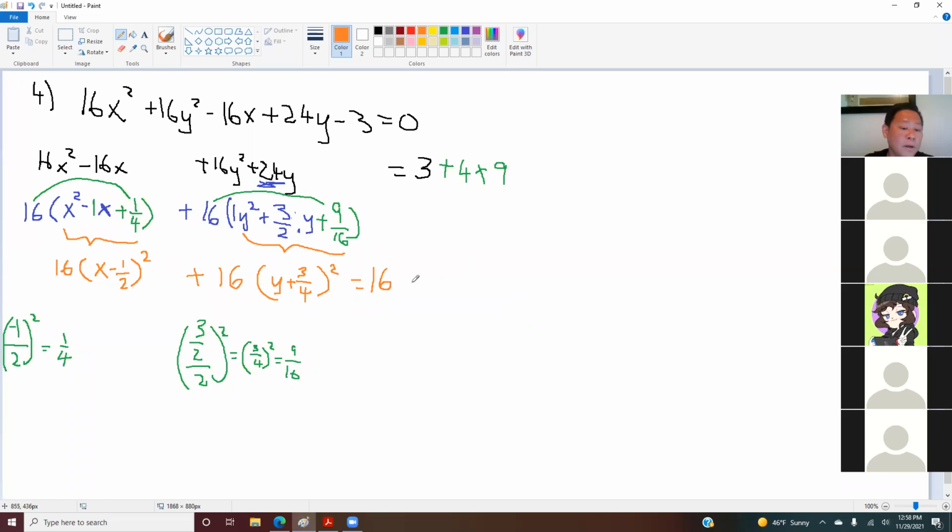So what we do here is we want to make this as 1. So I will divide everything here by 16. What do I get when I divide everything by 16?